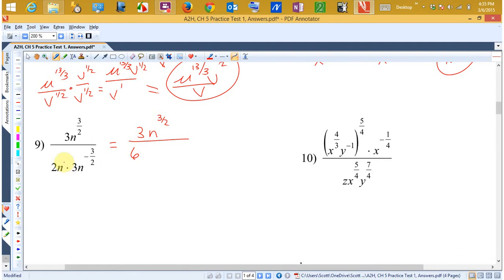And I've got n, and this is n to the first. That's going to add to negative 3 halves. So I have 2 over 2 minus 3 halves. That's going to be n to the negative 1/2. Okay, so the 3 and the 6, 3 divides into 6 twice. That gives me a 2 as a denominator.